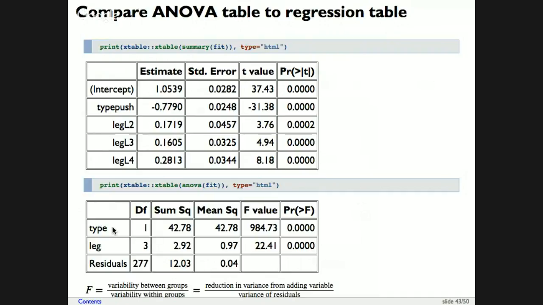So you can use it for comparing adding two variables at the same time to a model, or adding the interaction terms to the model. So it's a flexible way to compare different competing models and to say whether the reduction of residual variance offered by the more complex model is more than you expect just from the additional fitting and degrees of freedom used.